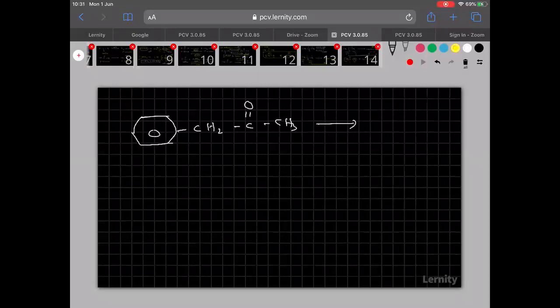First of all, does it undergo oxidation? Yes, alpha CH2 is there. So how will the bonds be broken? Now here you see how many carbons are there? 6 plus 1, 7. Whereas here how many? 1. Therefore, carbonyl should be bonded to the smaller alkyl group preferentially. Clear?